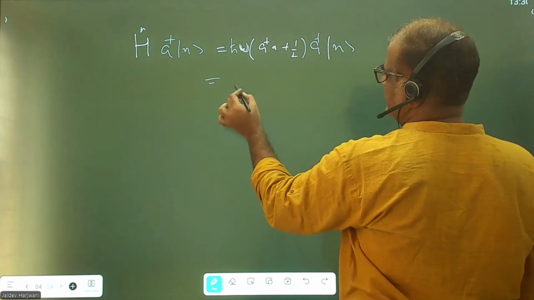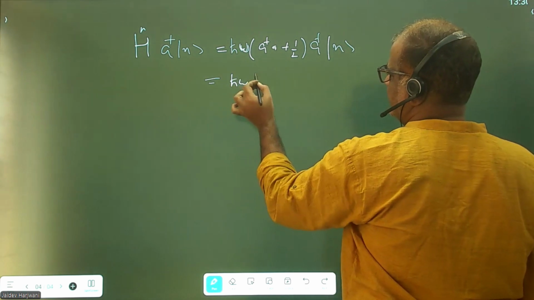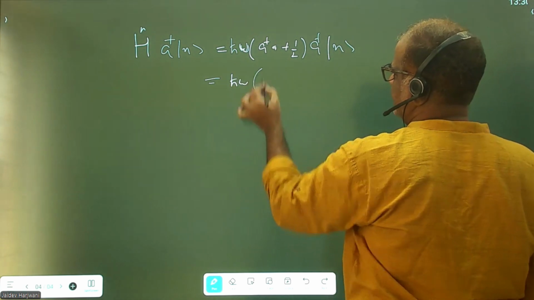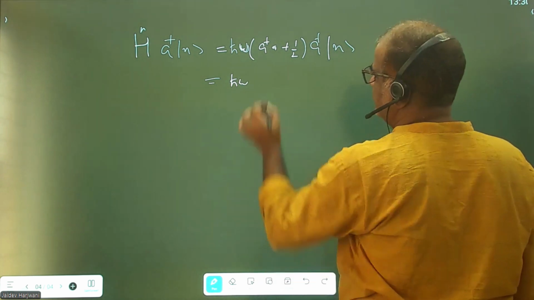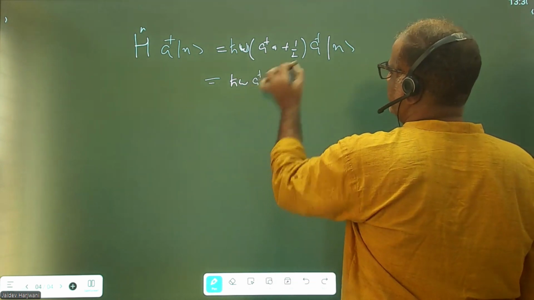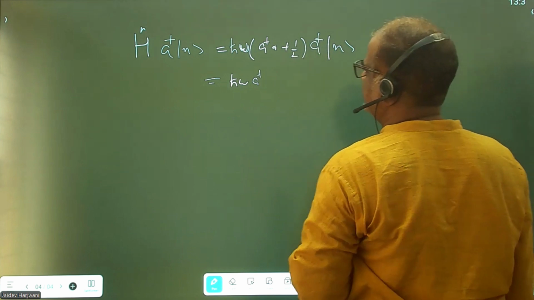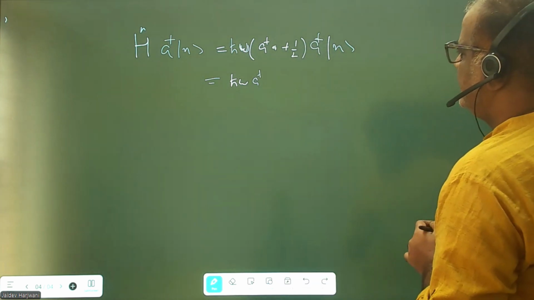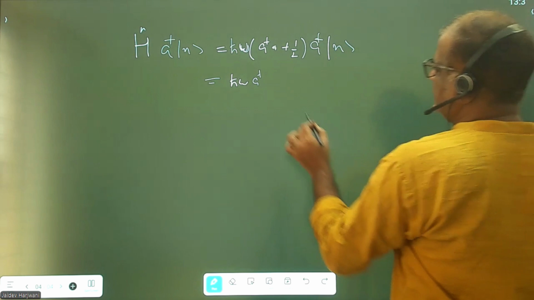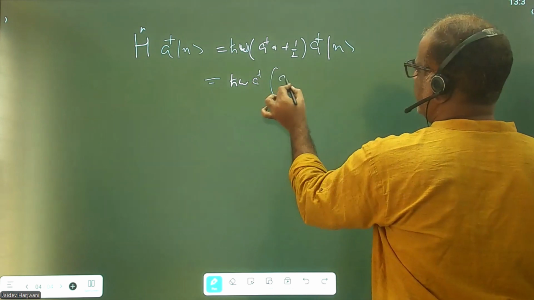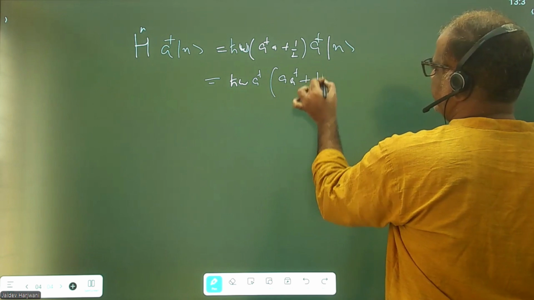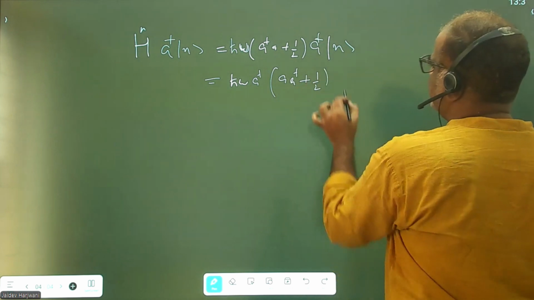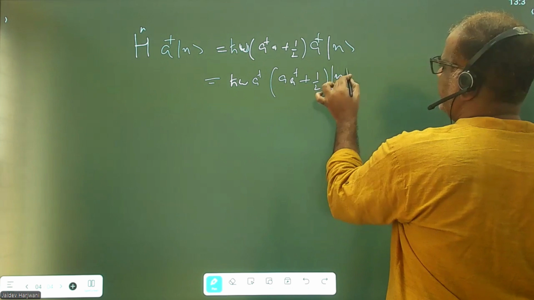If I take a dagger common here, this will give me a dagger times (a dagger a plus half), and then you have this state n.